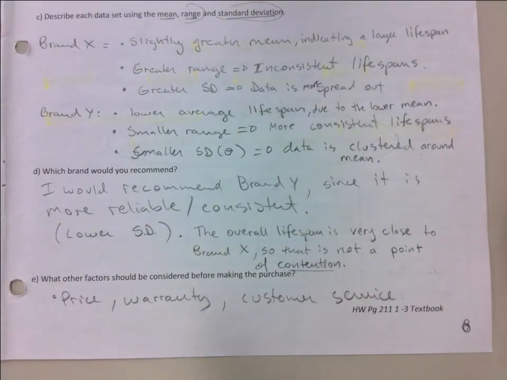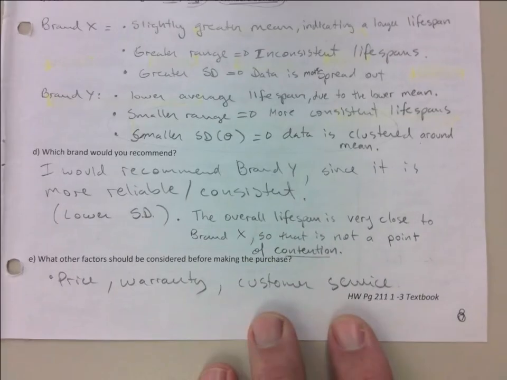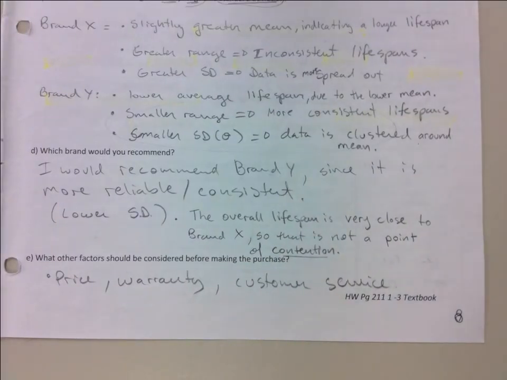What other factors would be considered before making your purchase? Of course, you would look at price, warranty. Personally, I go to Costco all the time, and if Costco sells something and the reviews are kind of fishy, I still buy it because it's cheaper. And are you familiar with Costco's return policy?